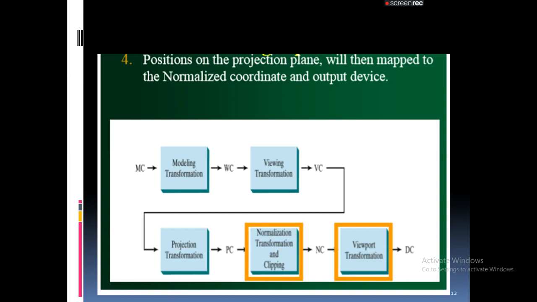After performing these 5 types of transformations, whatever position of the object you specified in your OpenGL program is translated in the form of pixels, and finally that image is displayed on the screen of the monitor. These are the sequence of transformations we are supposed to perform in case of three-dimensional viewing.